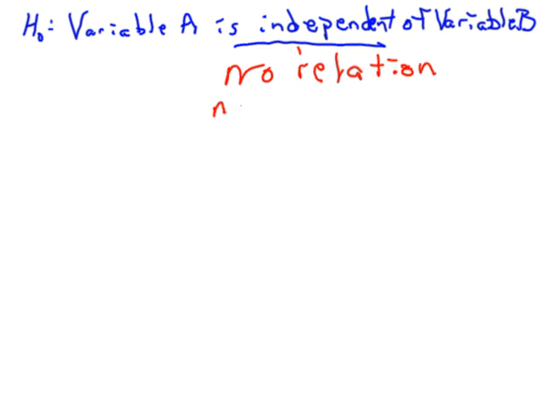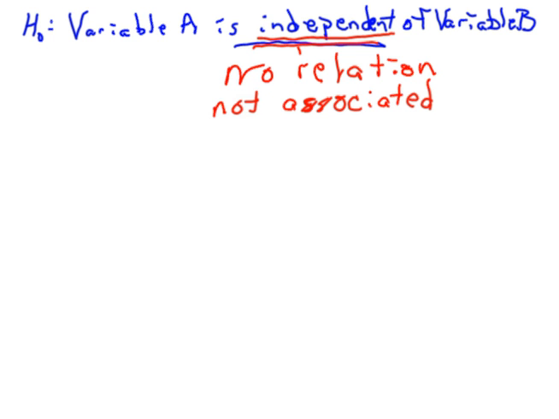Not associated. That's why it's called an independence test and not a relations test or an associations test, because the null hypothesis is what you test, and that tests independence.